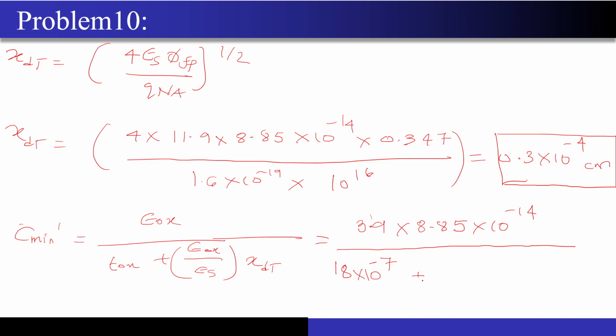Epsilon ox is 3.9, epsilon s is 11.9, and the XDT value I just found is 0.3 into 10 to the power minus 4. Everything is known, so the moment you calculate this, your Cs dash value will come out to be around 2.925 into 10 to the power minus 8 farad per centimeter square.